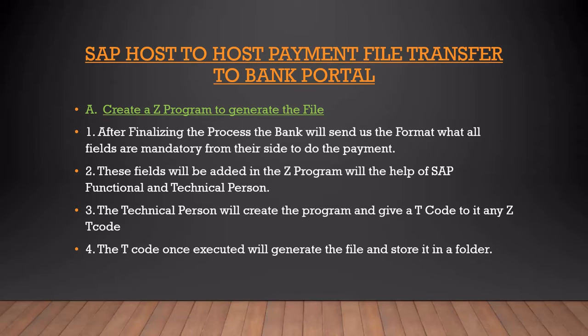The third part is, the technical person will create the program and give a T-code to it, any Z T-code. For example, now I've created one transaction code regarding this. Normally it's related to APP, F110, you can say in SAP language. After doing this, the file will get generated. For example, I've given the T-code name as ZAPP. Once executed, the T-code will generate a file and store it in a folder.